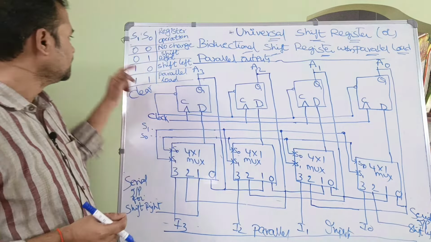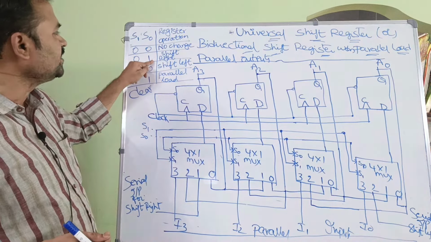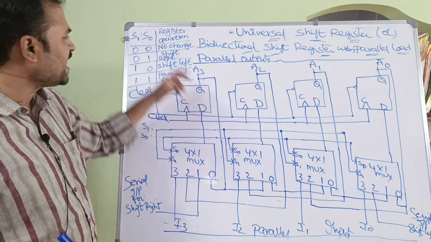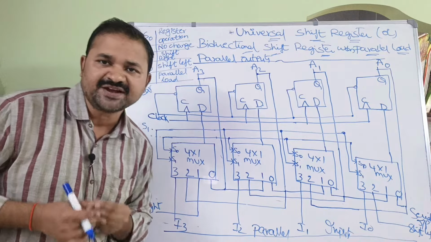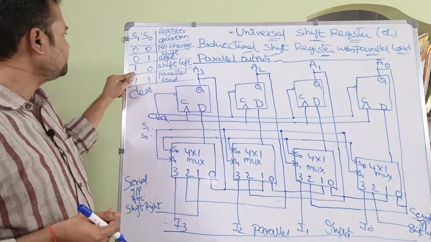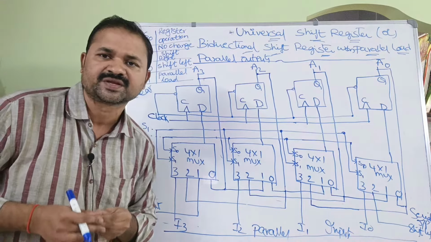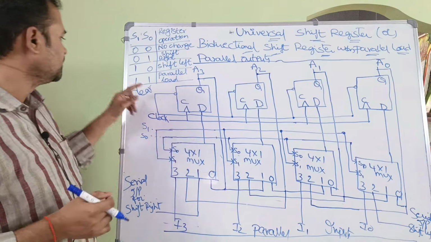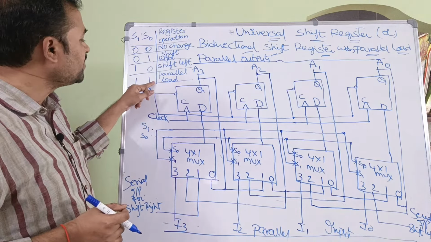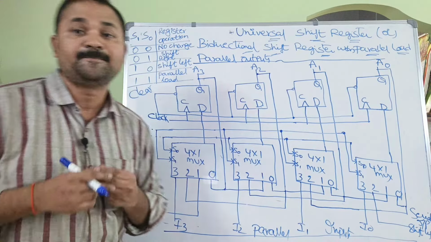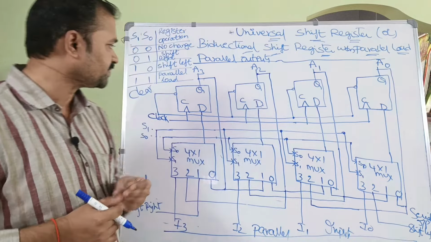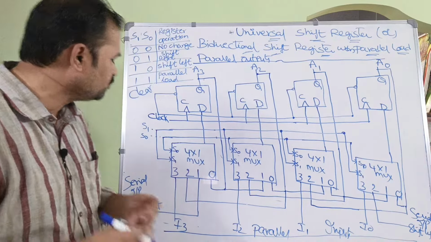If the inputs are 0, 1, then the circuit has to perform shift right operation. If the selection inputs are 1, 0, then it has to perform shift left operation. If the selection inputs are 1, 1, then parallel load operation. Okay. Here this is the circuit.